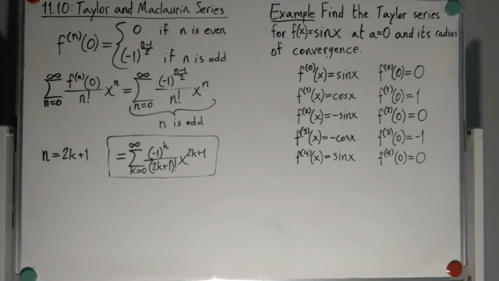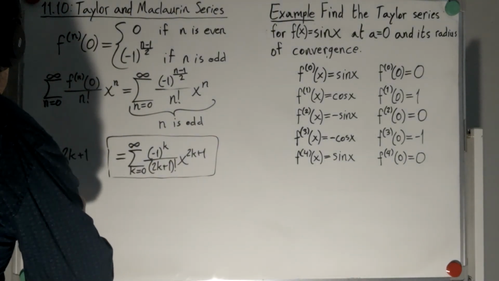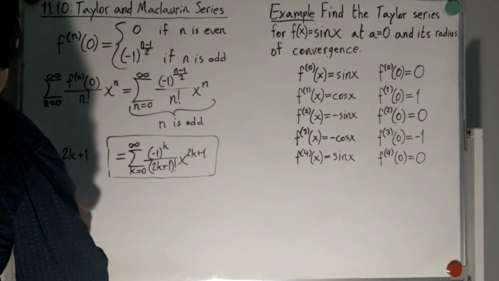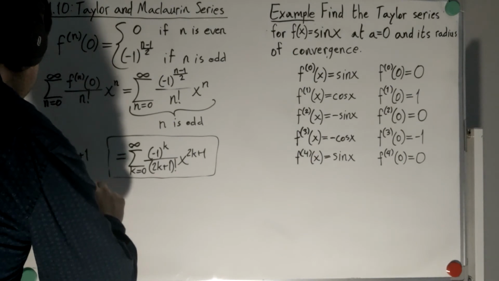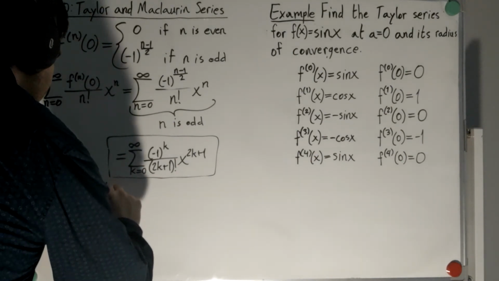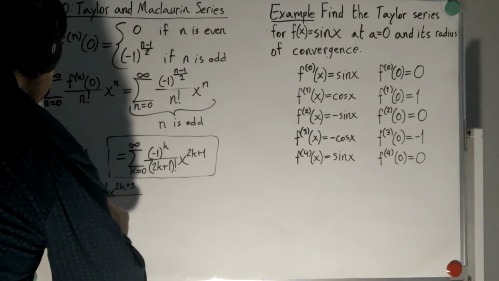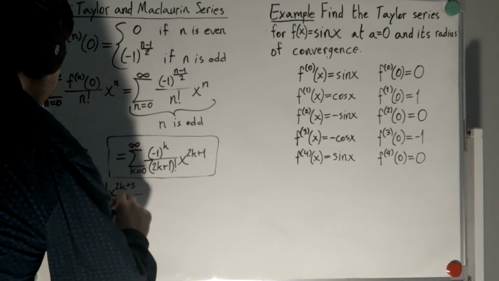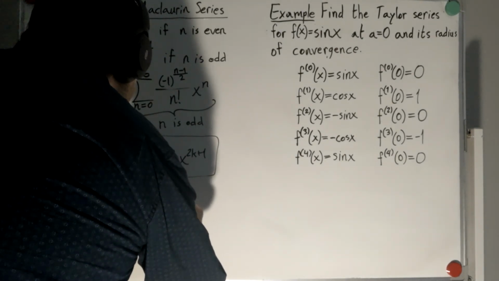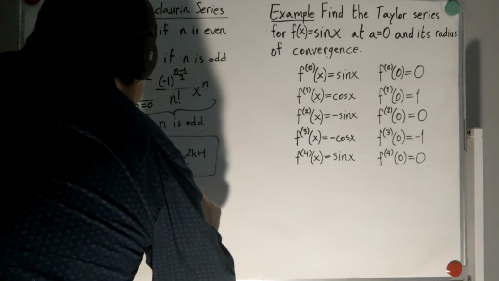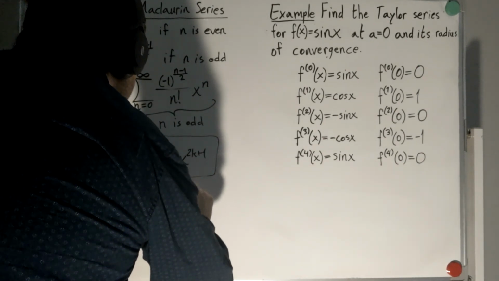Okay. As for the radius of convergence, let's see here. We take the limit as k approaches infinity of the absolute value of negative 1 to the k plus 1, x to the 2k plus 3, divided by 2k plus 3 factorial, then divide by negative 1 to the k, x to the 2k plus 1, divided by 2k plus 1 factorial.